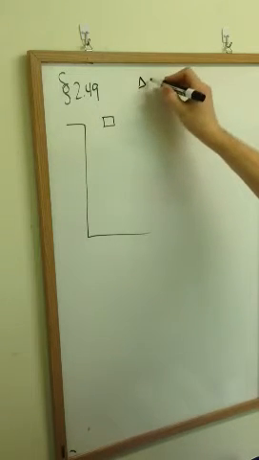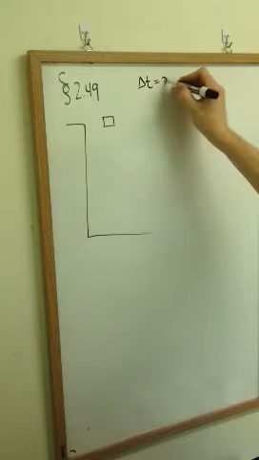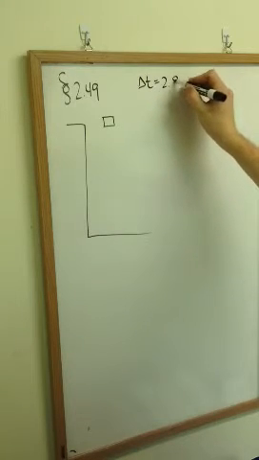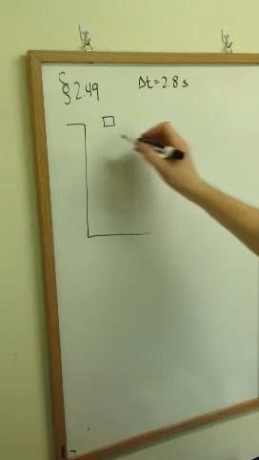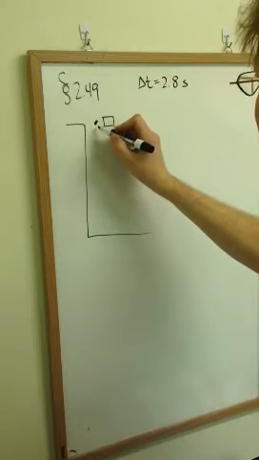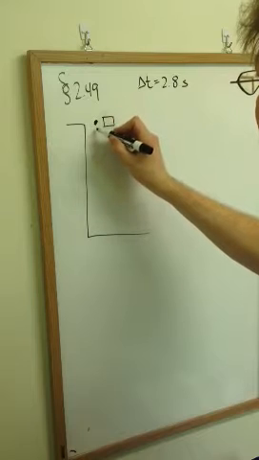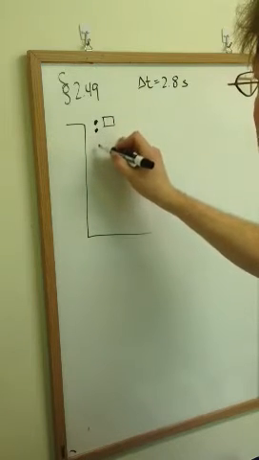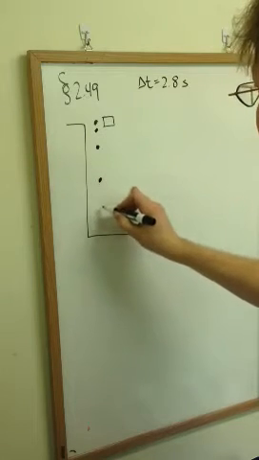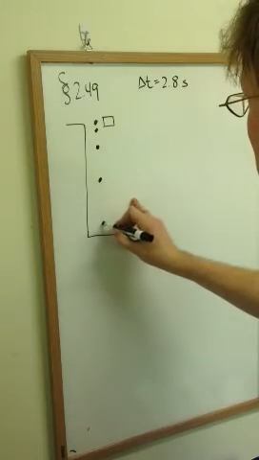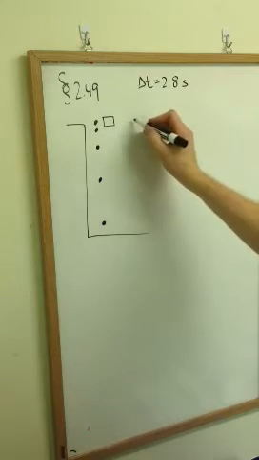So the facts are delta t equals 2.8 seconds. It's going to fall with a similar pattern as the shuttle in lab. It's going to have a very small initial velocity.